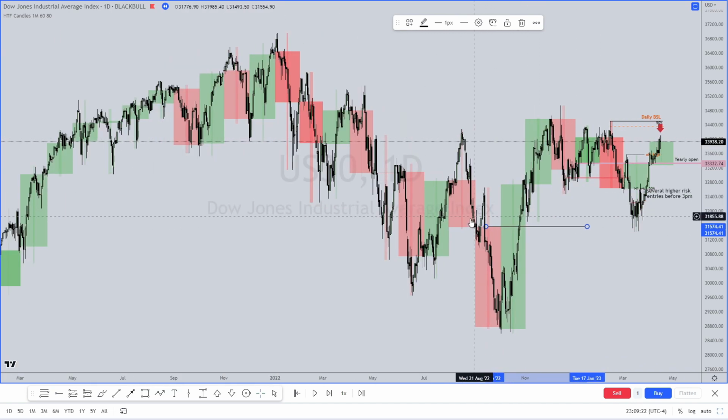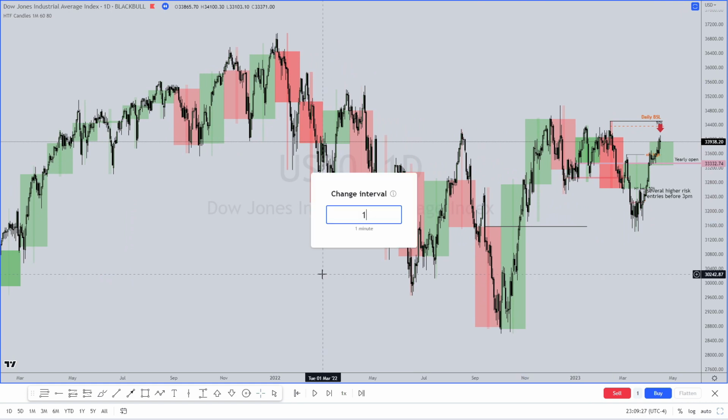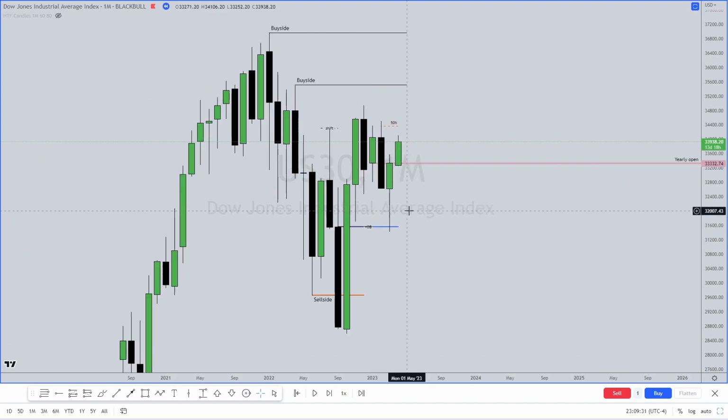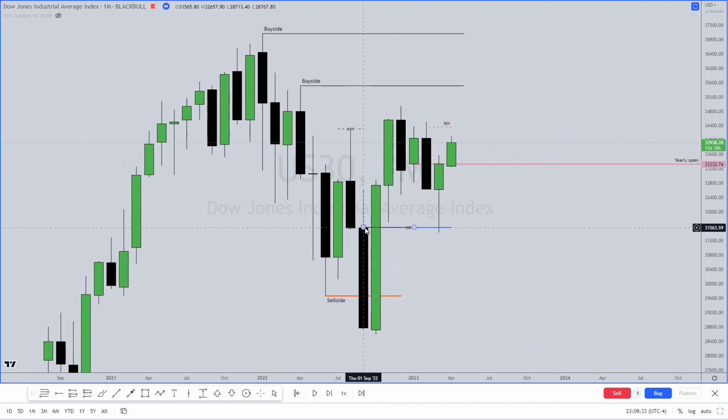So if this were candle basis, actually I'll just go up to the monthly. Let's take this off. So once price shifted, this became the order block of interest all the way down to the mean threshold.